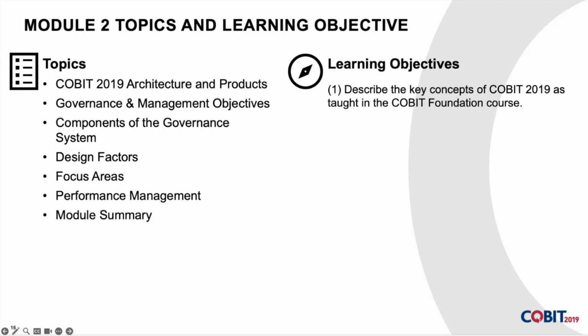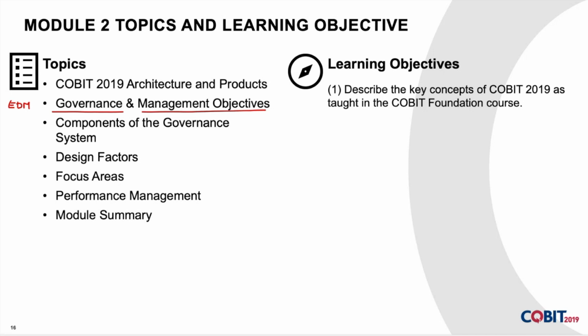I hope you still remember from the foundation course that we had one domain of governance objectives, which we called EDM. And we had four domains of management objectives, which is the core model that we're going to recap in a second.